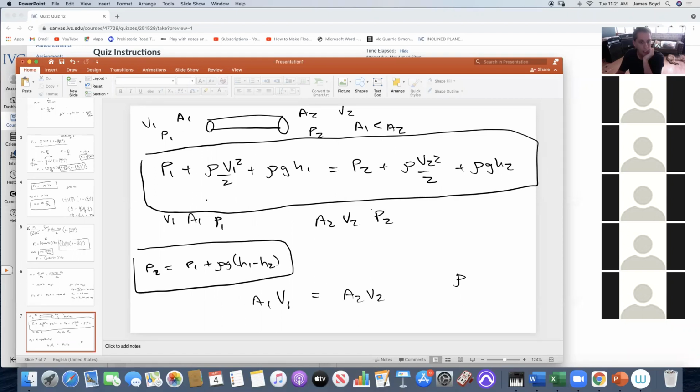That comes straight from this equation if you assume that there's no velocity at 1 or 2. That will allow you to find the pressure change going up or down in water, etc. As long as you make sure that you define the surface to be at 0 and y going positive up and y going negative down, or h going positive up, h going negative down. So Bernoulli's equation's pretty nice.